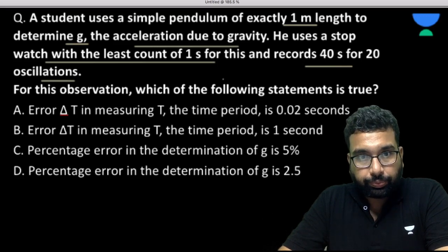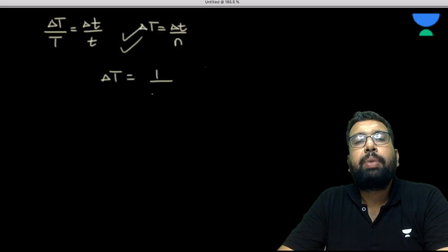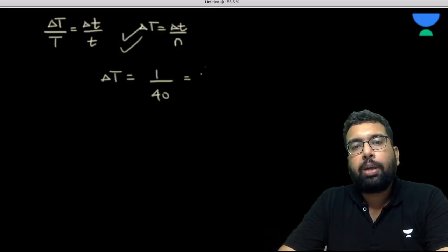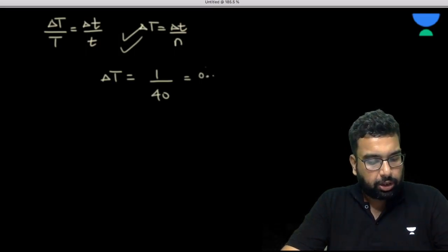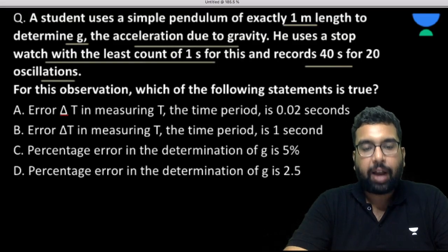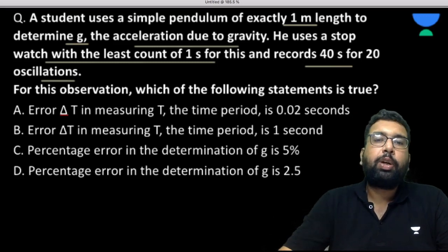This 1 second least count, that is 1 second of error, is in the measurement of 40 oscillations. So this is going to be 0.05 seconds.